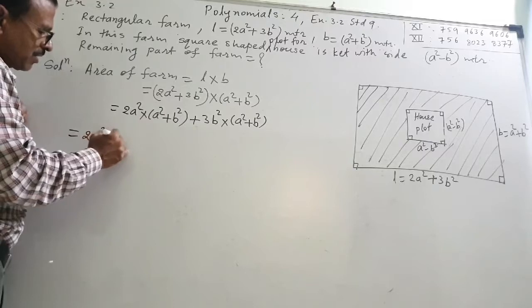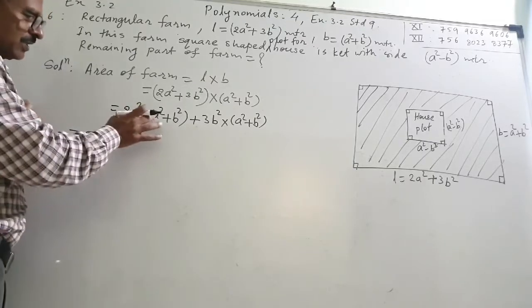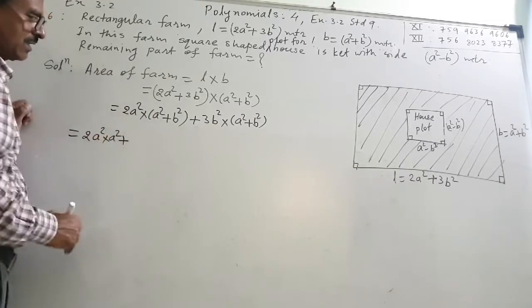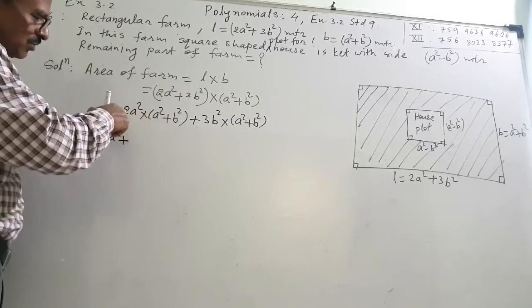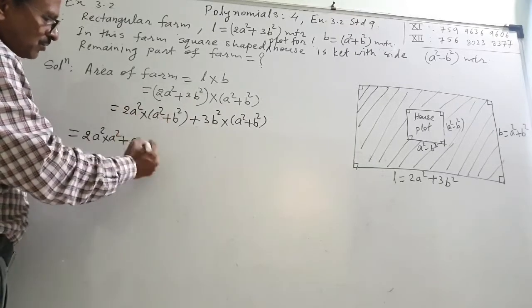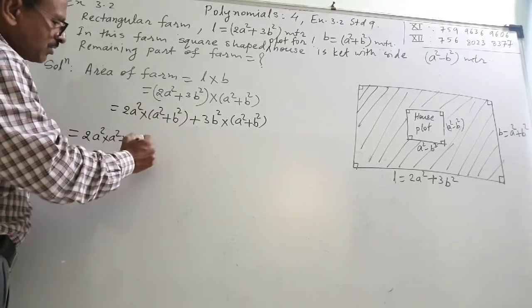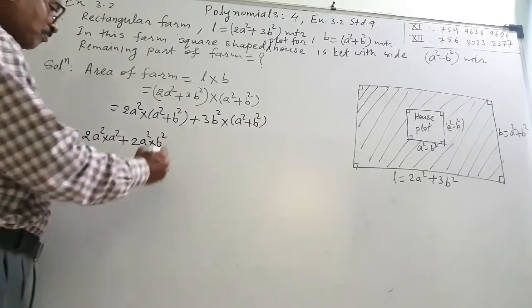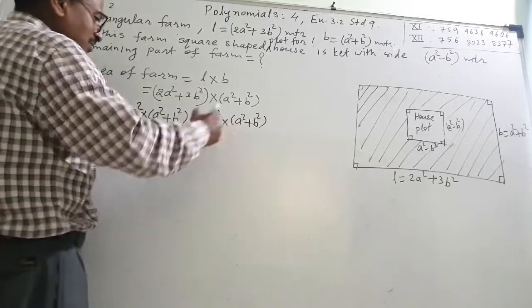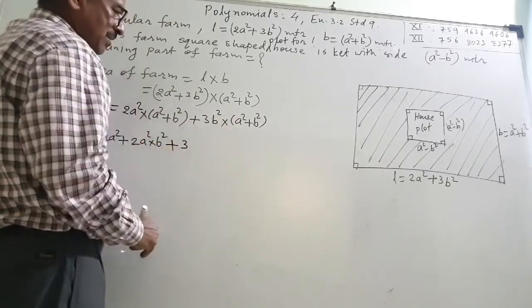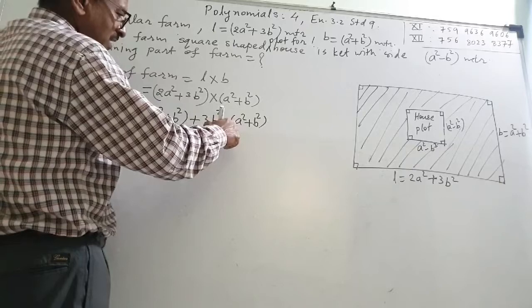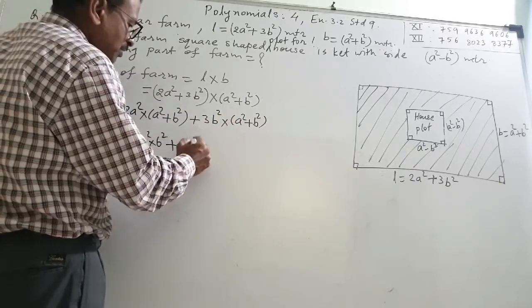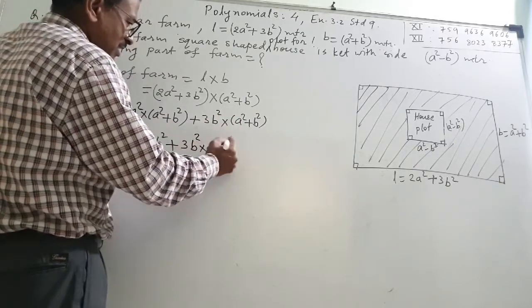Plus, now this and this: 2 into 1 is 2, a square into b square. Plus, now 3 into 1 is 3, so 3b square into a square.